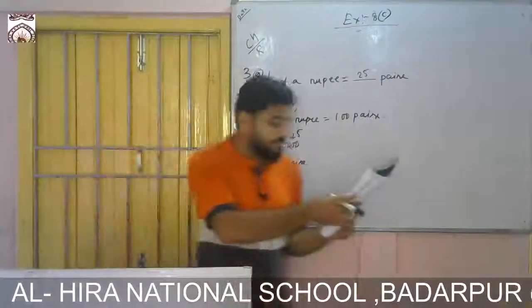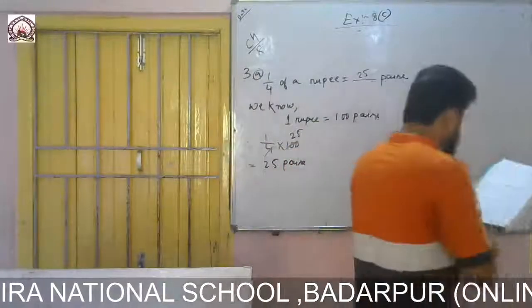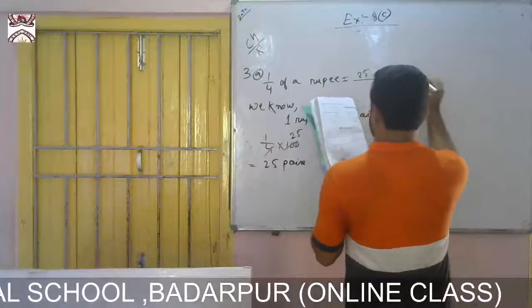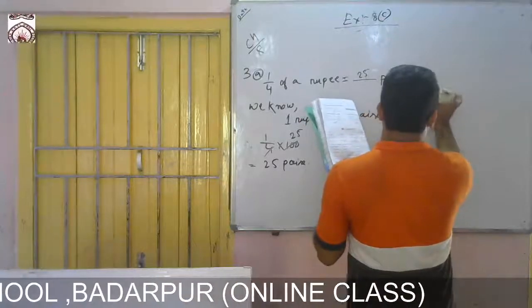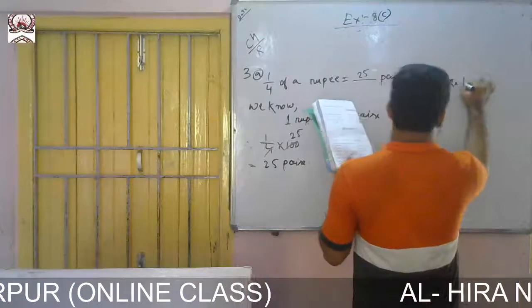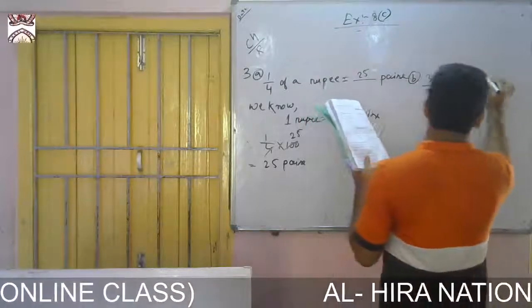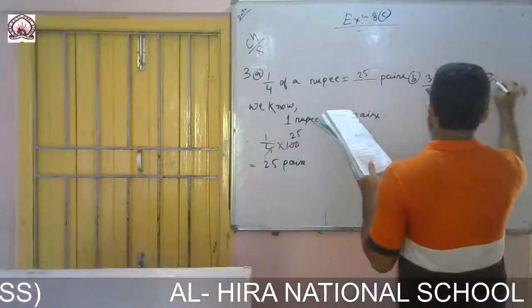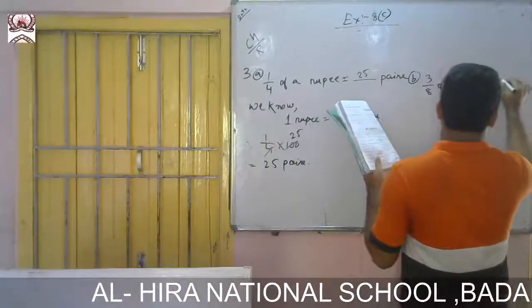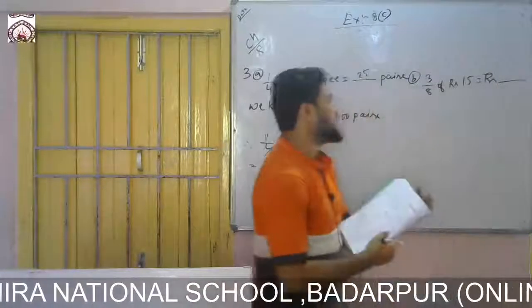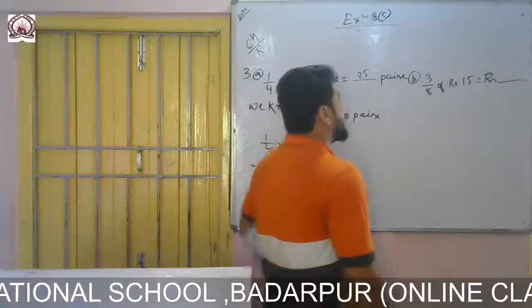Now come to B. 3/8 of rupees 15. Rupees 15 means again the same thing. I do not want to convert, because here nothing is given for conversion.